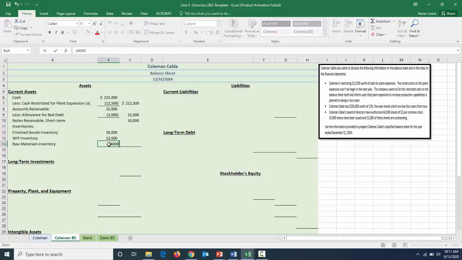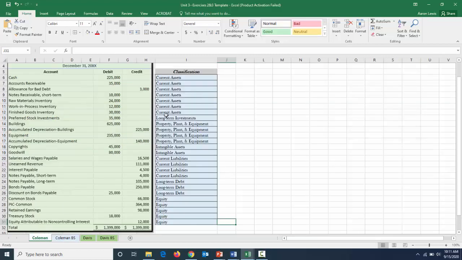And if we have $30,000 worth of finished goods, $12,000 worth of WIP, and $24,000 worth of raw material inventory, well, our total inventory is worth the sum of those three numbers, which is going to be $66,000. And looking at our trial balance over here, that's all we have for current assets.